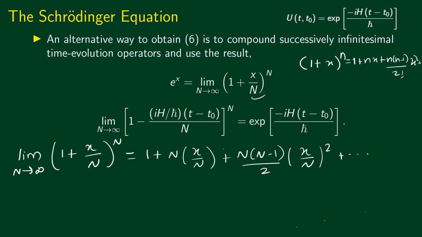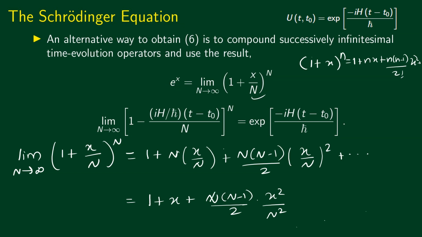So let's consider just these three terms. If you want, you can consider also the next term for practice. Now this is equal to 1 plus x, because the n cancels here, plus n into n minus 1 divided by 2 times x square divided by n square.